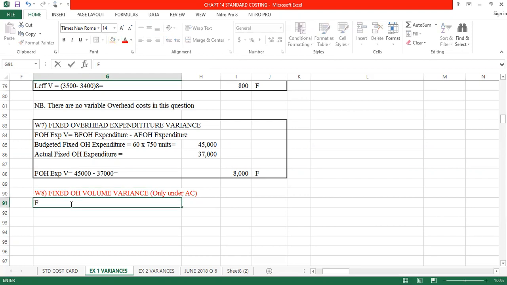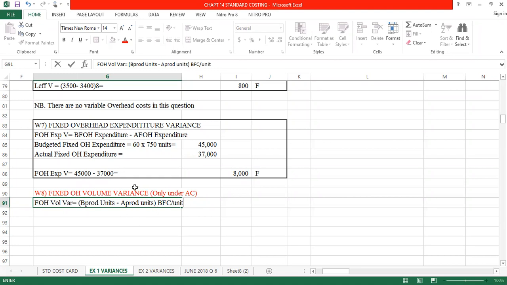So fixed overhead volume variance is equal to, what did we learn? Budgeted production units minus actual production units, times budgeted fixed cost per unit.